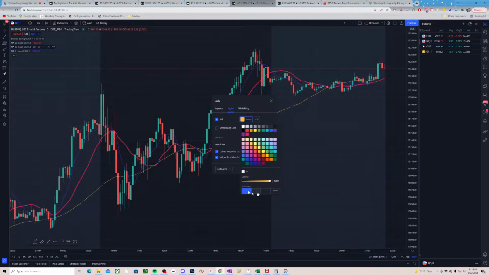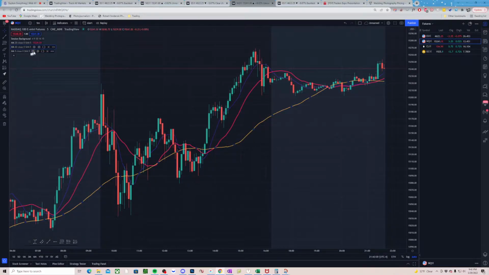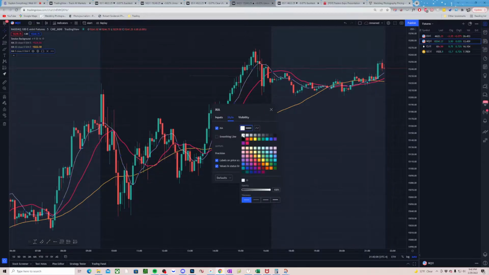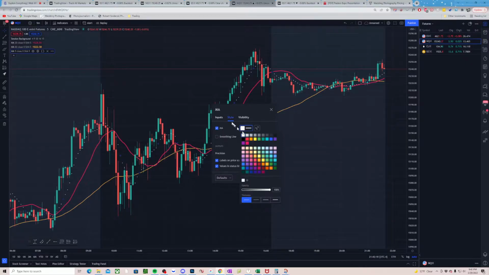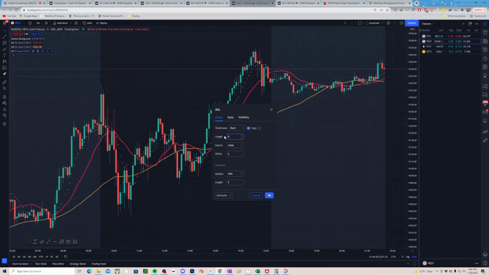I'll just make it this thick. Okay, and then finally we'll make this one green. Actually, let's make this one white dots. Let's make it dotted, because it's a bit too thick. There we go. And then we'll give it a length of 240.